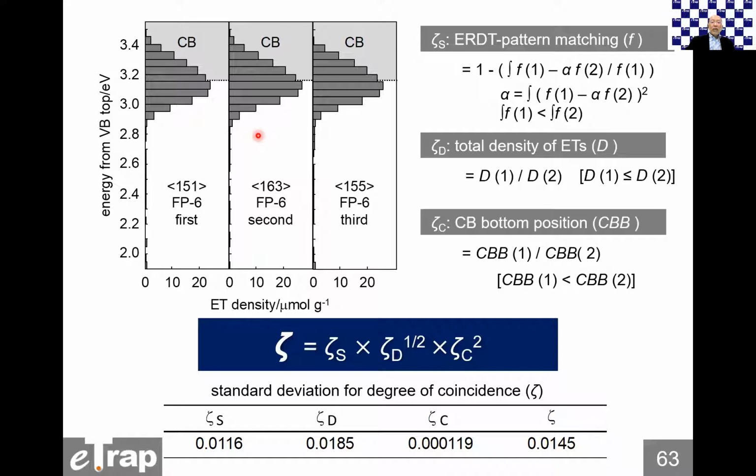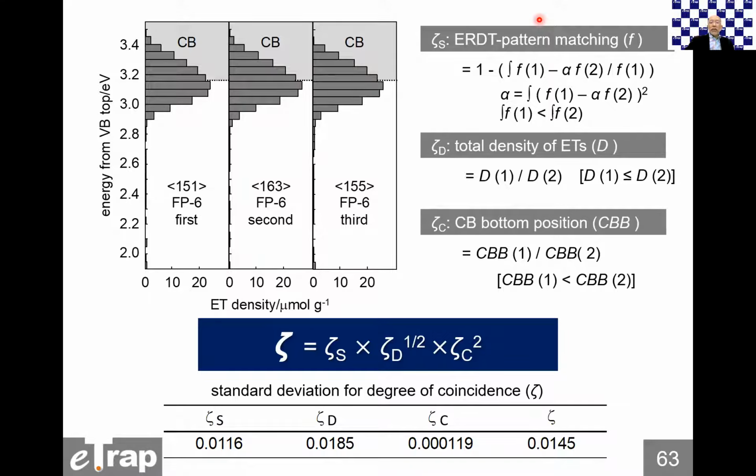And we check the similarity of those samples by checking 3 points. One is this pattern shape, not the absolute value. This is the shape of this curve. And the total density here is compared. And also the CBB position. And all these degrees of coincidence are calculated to be a value between 0 and 1.